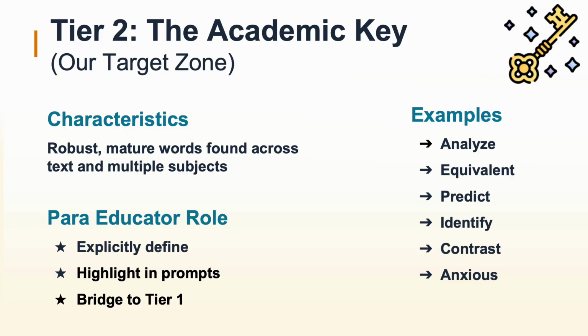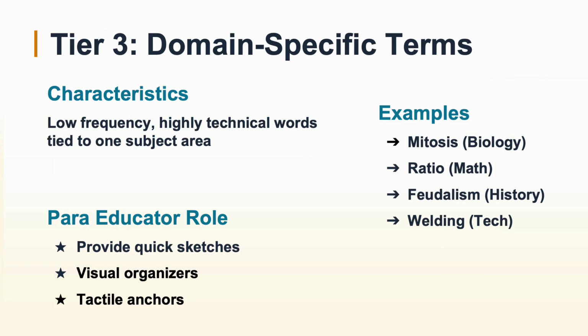Finally, let's look at the apex of the pyramid, Tier 3. Tier 3 words are highly specialized technical terms. They are low-frequency words that are limited strictly to specific domains or fields of study.